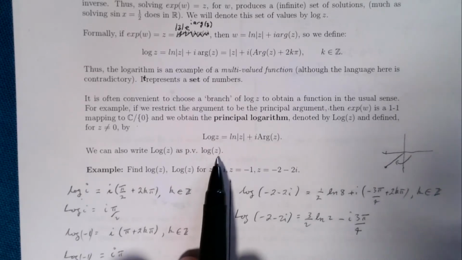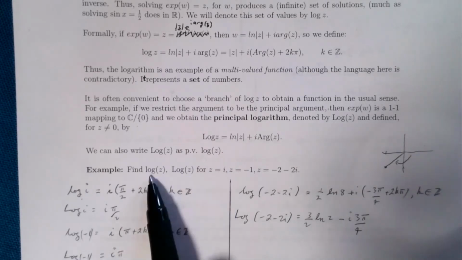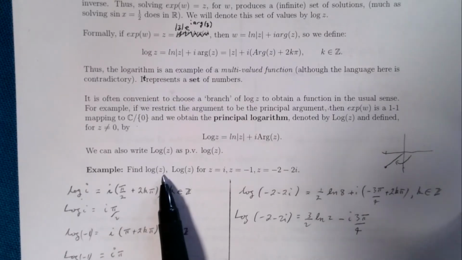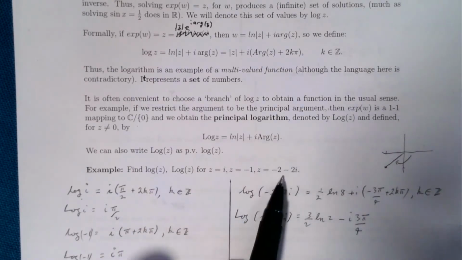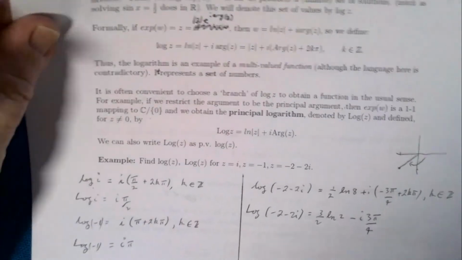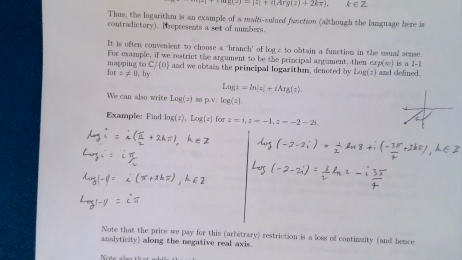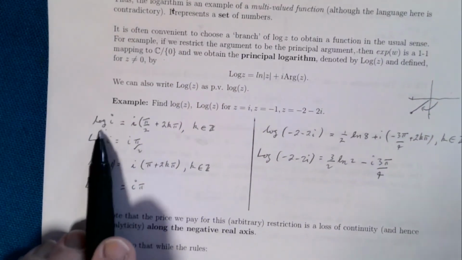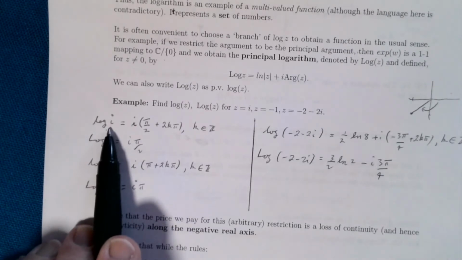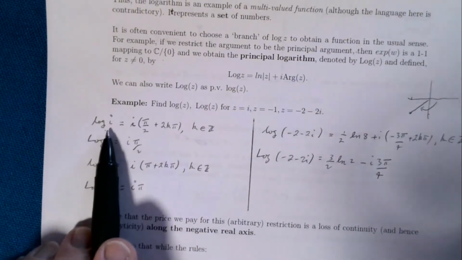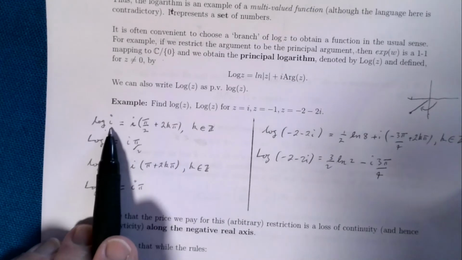We'll just do a couple of quick calculations for this. I'm going to find little log of z and capital Log of z for a couple of complex numbers. So firstly, of course, we'd like to know what the log of i is. So the modulus of i is 1, ln 1 is 0, and the principal argument of i is π on 2.